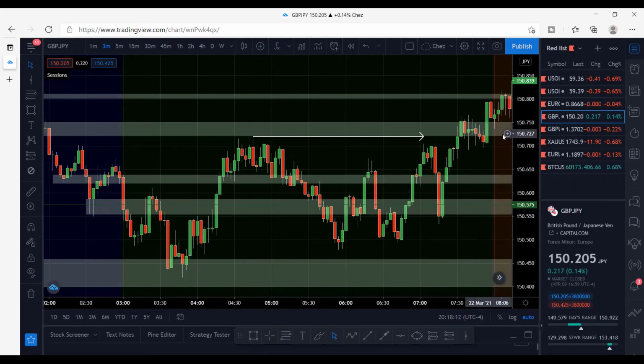Delete. Okay, so we have a break above this right here. So it's up to you if you want to buy at this point or you want to wait for further confirmations. If you're going to buy right there, you'd have to keep in mind that your risk to reward might be a little bit broader, maybe 1-to-1 or so.